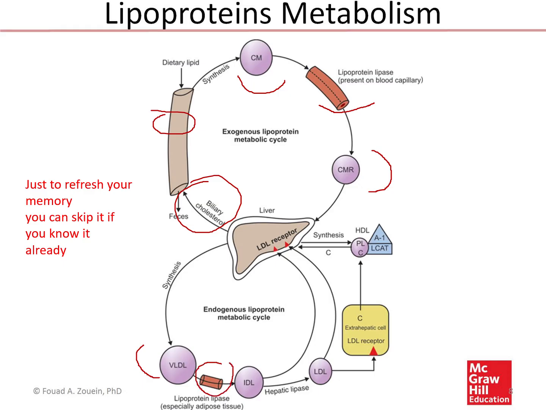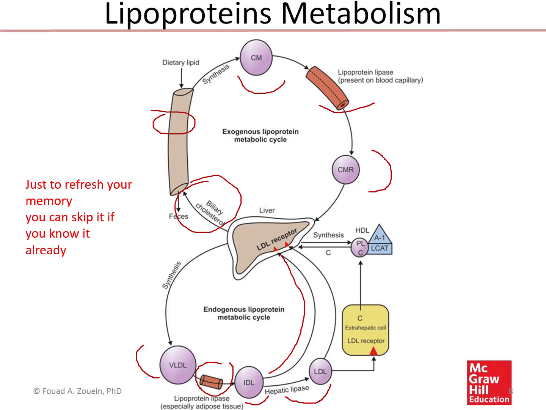Lipoprotein lipase here would take the triglyceride it needs and release the glycerol, take free fatty acids into the cells, and convert VLDL into something called the intermediate density lipoprotein. Now, IDL is not very stable. 50% of IDL is taken back to the liver through the ApoE receptor, and the other 50% is converted by hepatic lipase into the famous LDL, or low density lipoprotein.